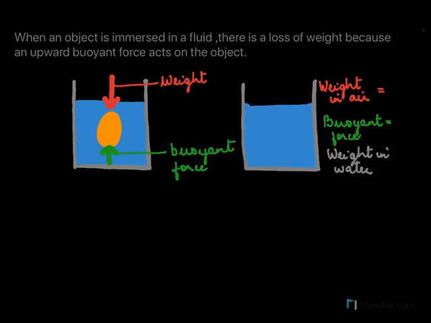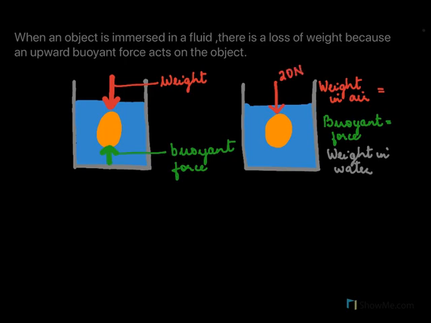Now that we know an object loses its weight in water, let us try and calculate what would be its weight in water. So here's the object in water, and there is a force acting downwards, which is the weight of this object, and we will call this, say, 20 newtons.